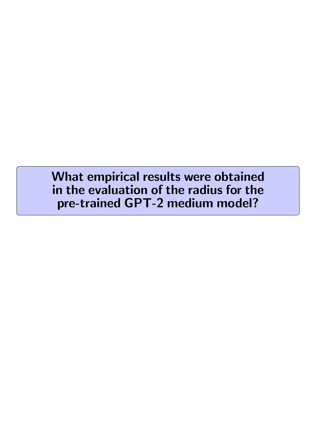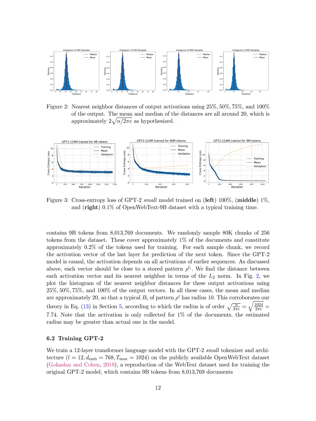What empirical results were obtained in the evaluation of the radius for the pre-trained GPT-2 medium model? The empirical results showed that the mean and median distances between the activation vectors and their nearest neighbors were approximately 20.